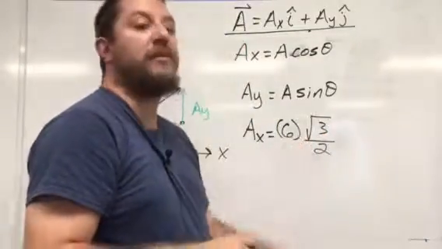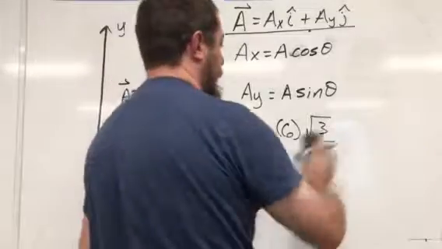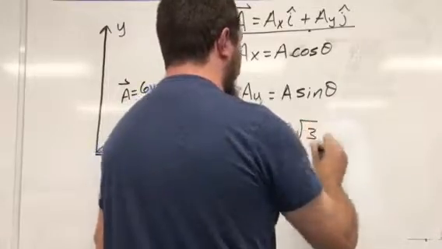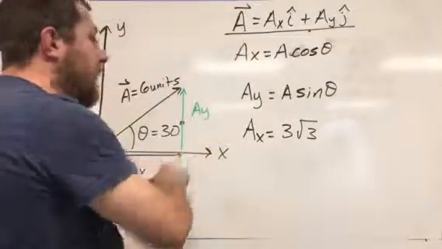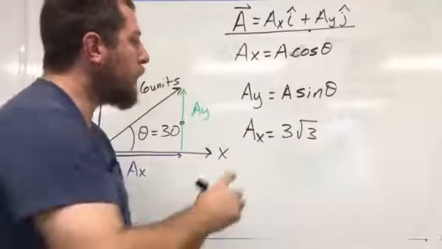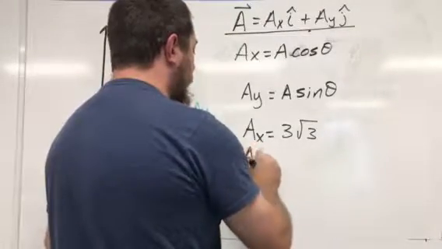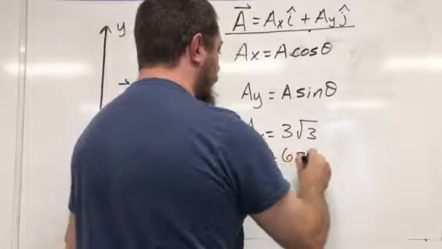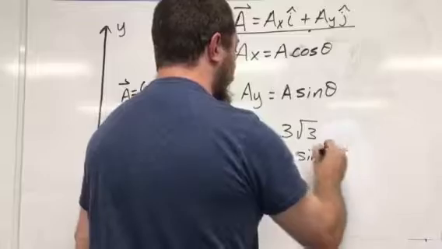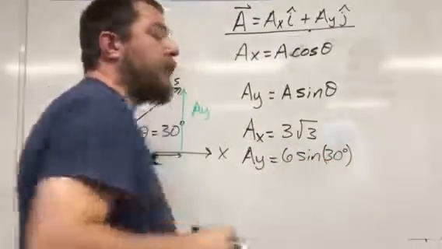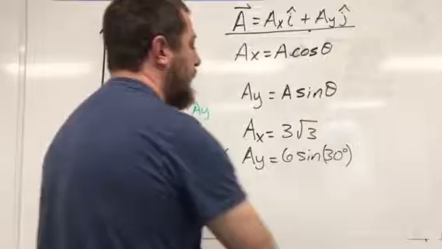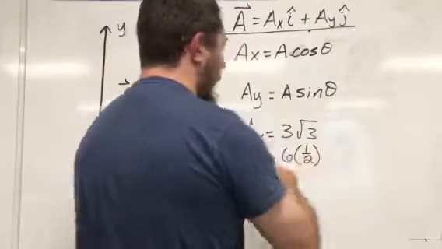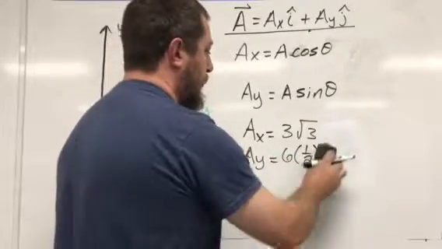So this is the same thing as 3 times the square root of 3. Okay, that's the magnitude of my vector along the x-axis. And my y vector is going to be 6 times the sine of 30, and the sine of 30 is 1/2. All right, so the sine of 30 is 1/2. And if I multiply 6 and 1/2, I get 3.